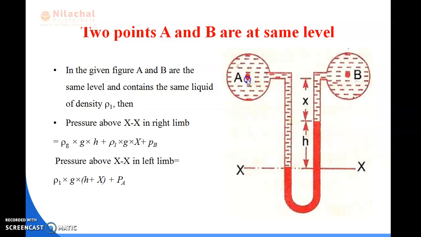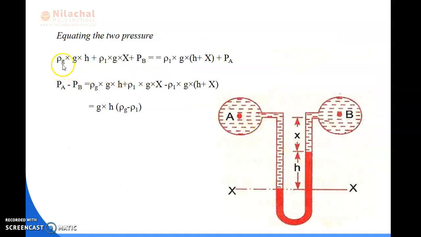Then you will equate the two pressures. Here you observe, this is the right side pressure and this is the left side pressure. Rho G into H plus rho 1 G into X plus PB is equal to rho 1 into G into (H plus X) plus PA.